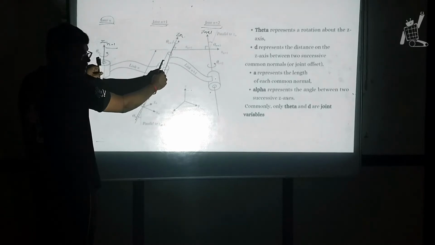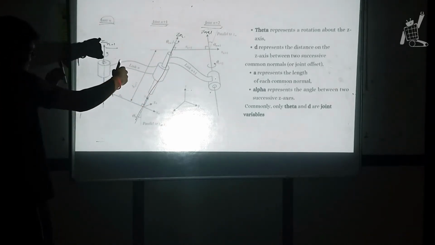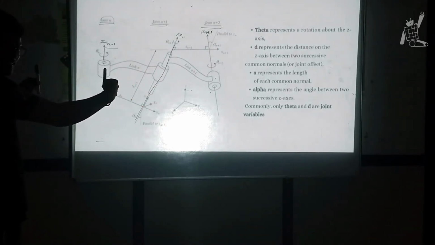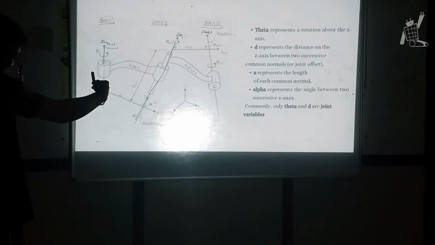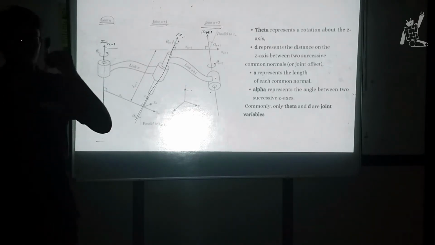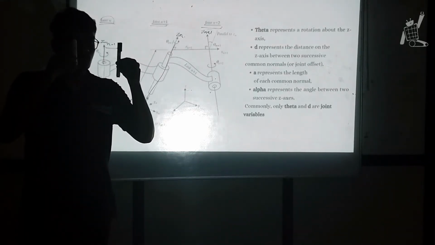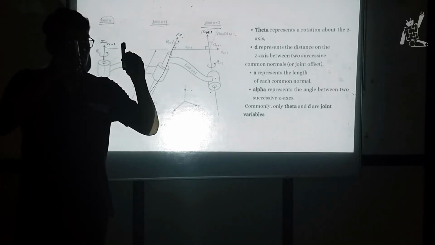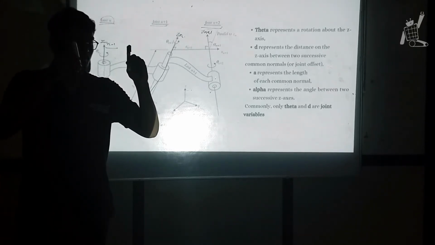You are visualizing in 3D. So there will be at least one point where you can draw a common normal, right? If it is exactly like this, there are an infinite number of normals you can draw. If it is like this, there will be only one.